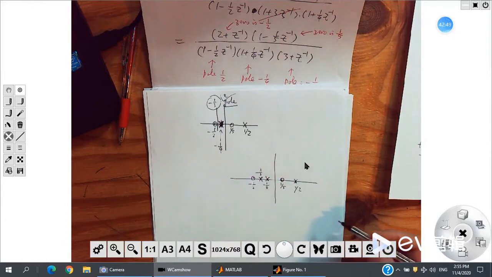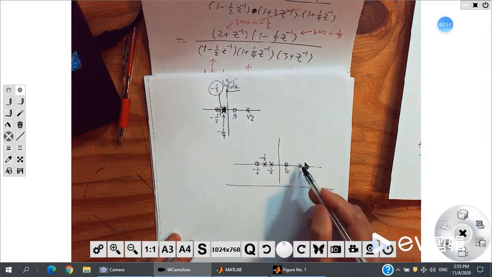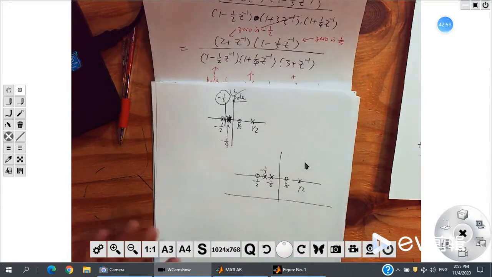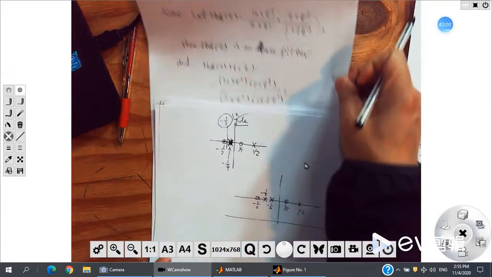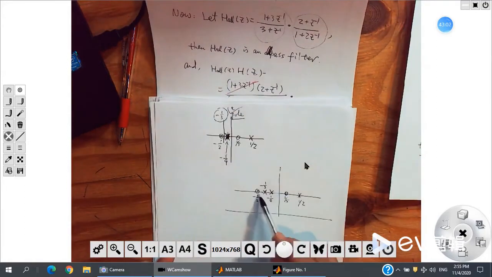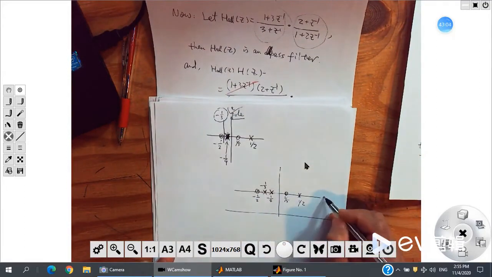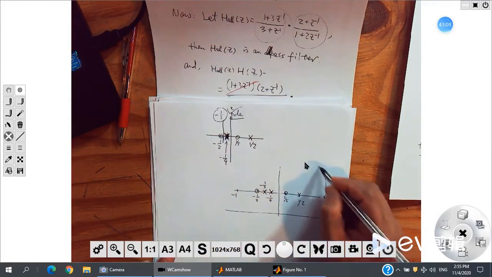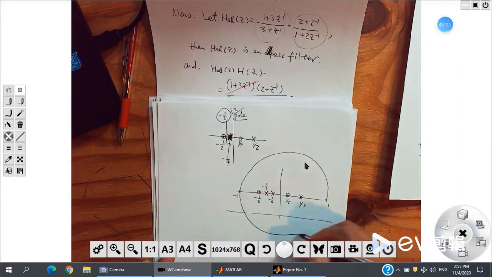Okay. So we have the graph looks like this. We have 3 poles and 2 zeros. Right. This is the result of the times. After I times these 2 together, I have this. And with the unit circle, this is -1, this is positive 1, then the unit circle will be this one, surrounded.